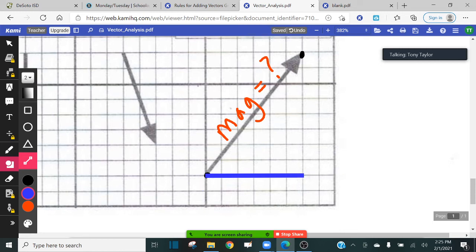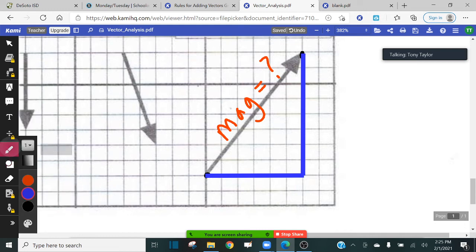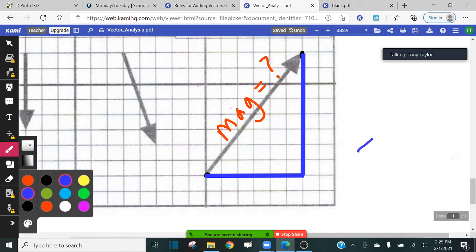So we move 6 units in the x direction. And then from there we're going to go 1, 2, 3, 4, 5, 6, 7, 8. Everybody see what I did? I went 6 units in the x direction, and I went 8 units in the positive y direction. So this vector here has an x component of 6 and a y component of 8.